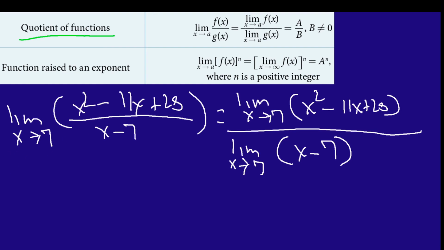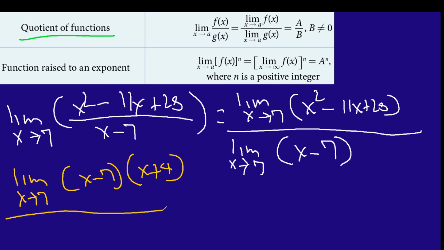We will do that in a slightly different color so we don't get confused. So we're going to have the limit of x approaching 7 of x minus 7 times the quantity of x plus 4, all this over the limit of x approaching 7 of x minus 7.